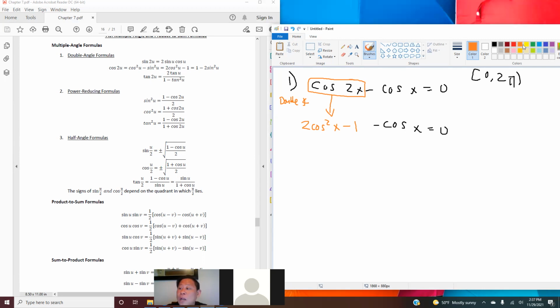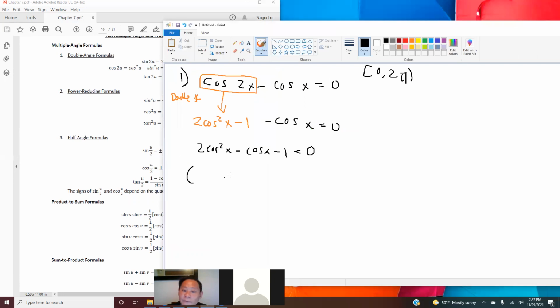quadratic. So if I rearrange this, this will look like 2 cosine square x minus cosine x minus 1 equals to 0. And I'm still shocked to see that when I grade your test, you guys cannot factor this. You should know how to factor this.